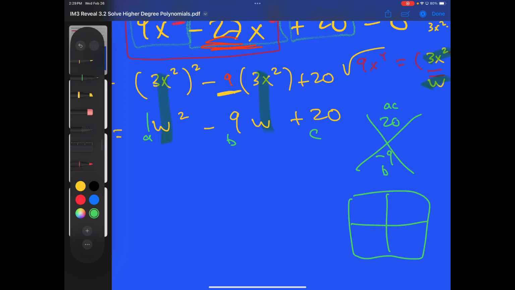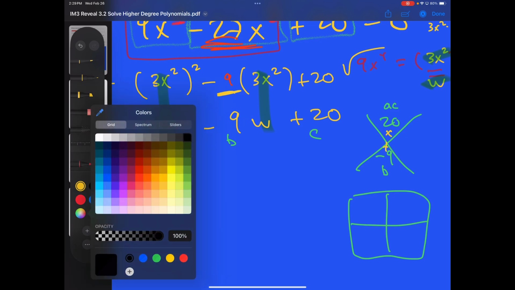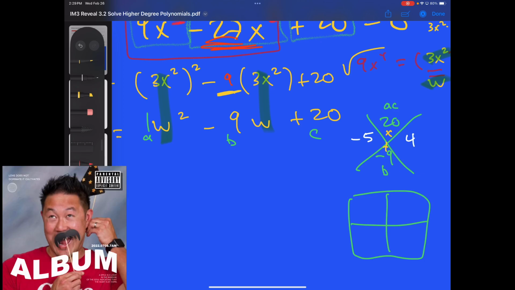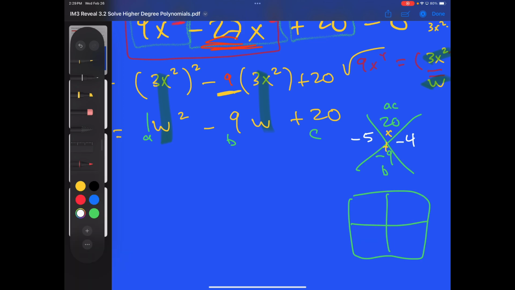Tell your partner 2 numbers that will multiply, but they also add. Class, what are your numbers? 5 and 4? All right, what combination of 5 and 4? Class, does that work? Yeah, so W squared. Class, what goes in my circles?